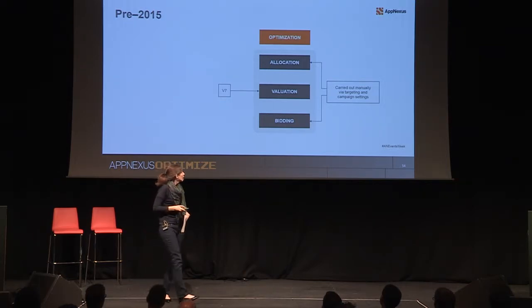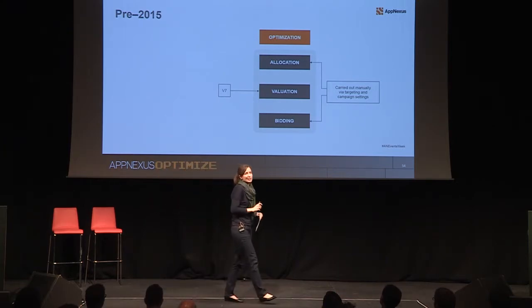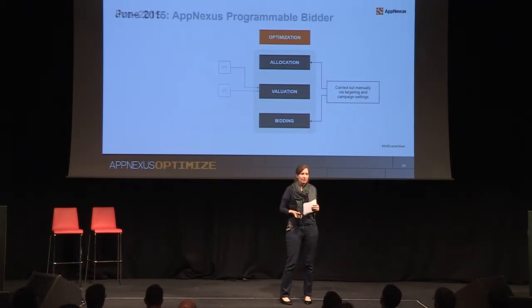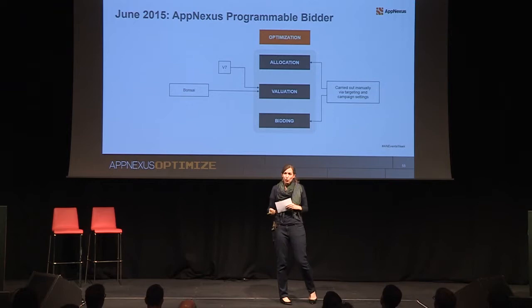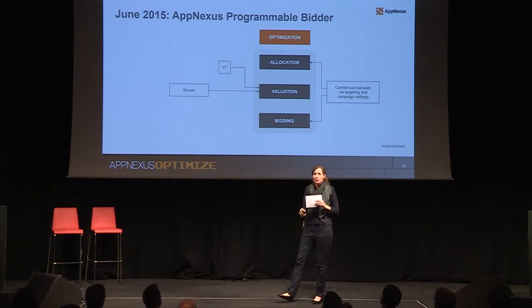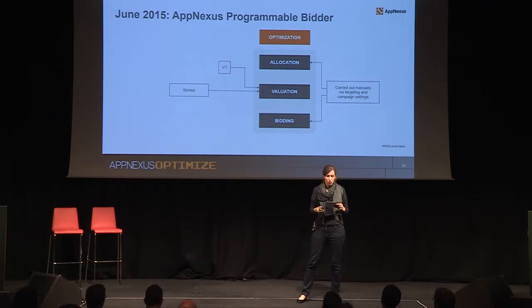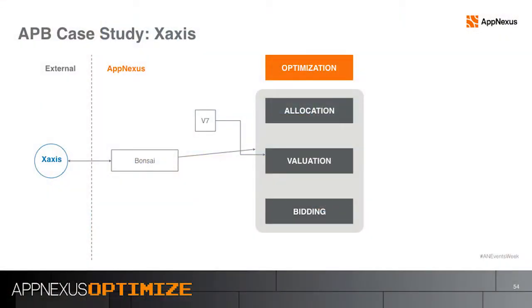Now, one year ago, at this very event, AppNexus Optimize in London, we announced a brand new way of producing valuations through Bonsai, which is the language of small trees, that is to say, decision trees, for the AppNexus Programmable Bidder. This allows us, and more importantly, anyone, to create decision trees using over 40 variables to determine bid prices or bid modifiers in real time in order to plug into our valuation component.